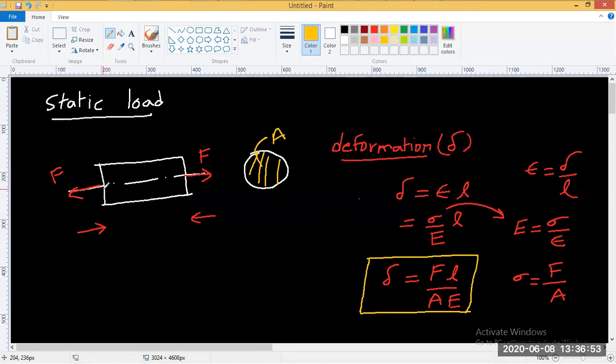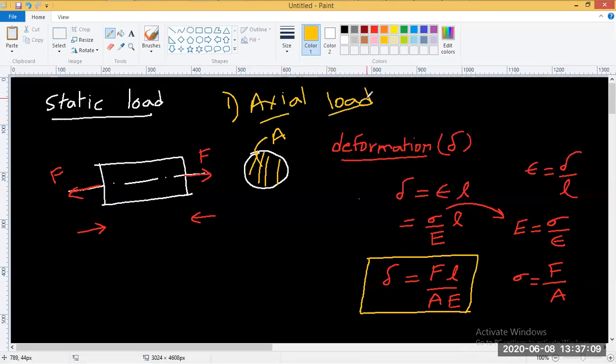Is it steel, is it aluminum, or those kinds of things. So this is what we call the first type of loading condition, called axial load.